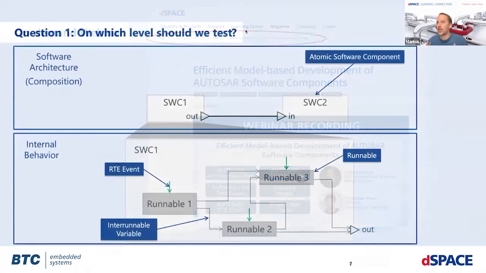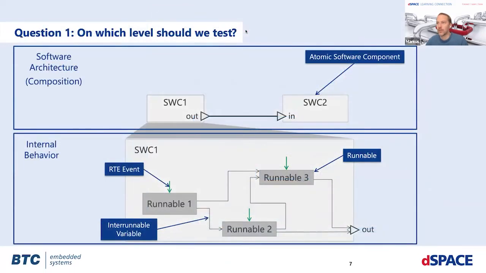And the first question is, on which level should we test? So what do you think, Felix, about the general levels we have here on an AUTOSAR architecture? Yeah, we've said it before. It's kind of the most frequent question we get, and AUTOSAR already has quite a rigid and solid foundation when talking about different levels.